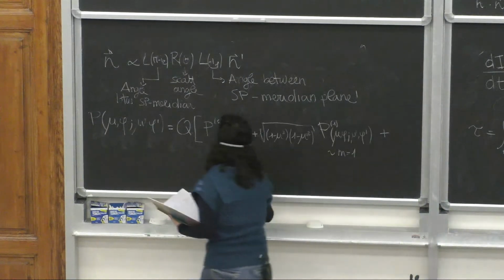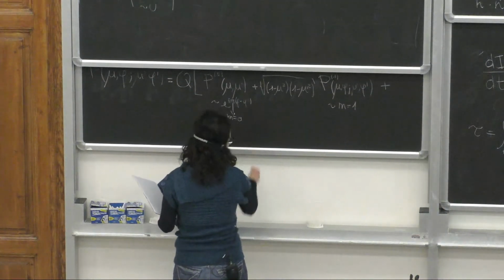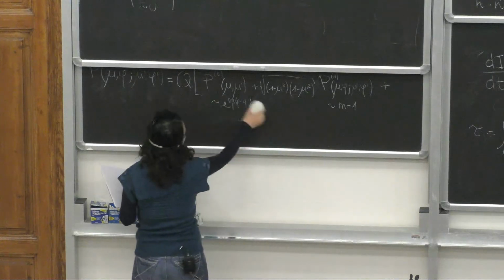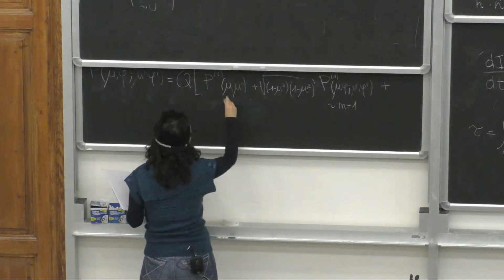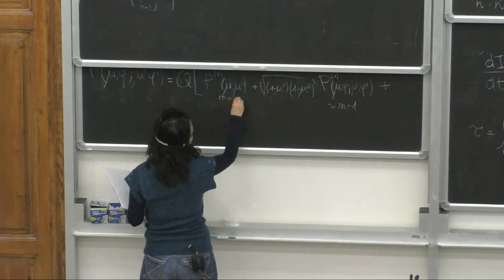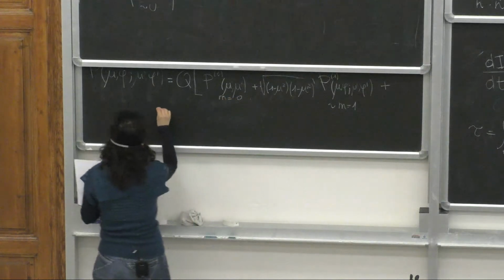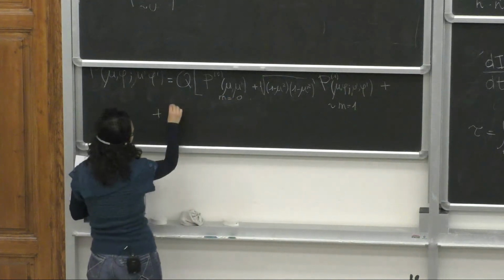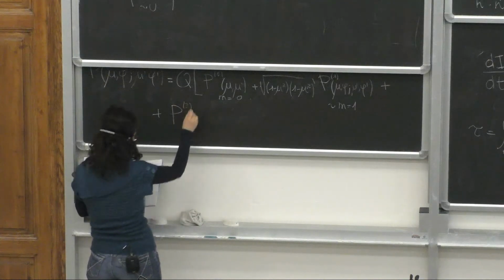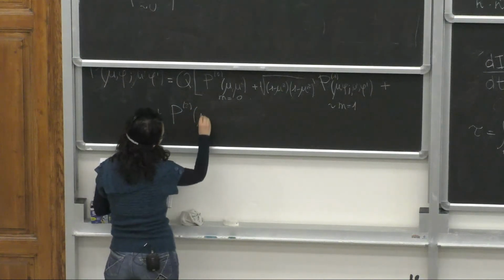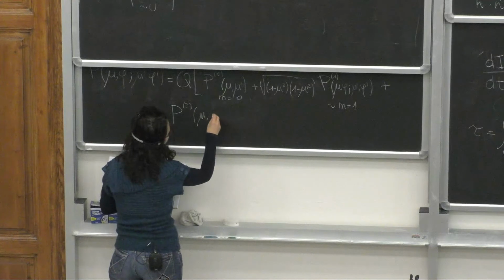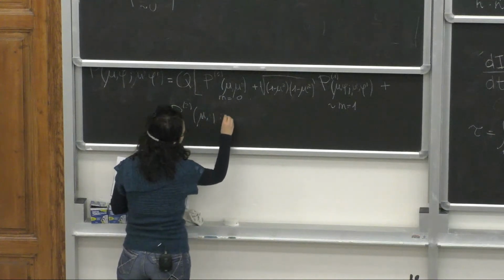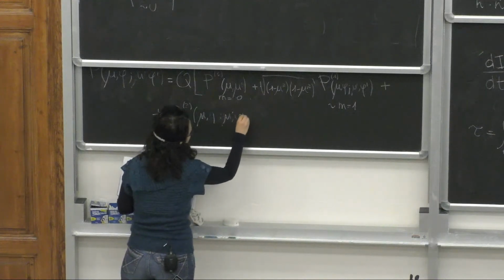So this was m equal to 0, plus P2, and P2 also depends on mu, phi, mu prime, phi prime.